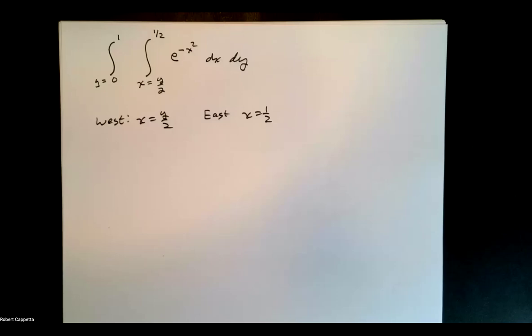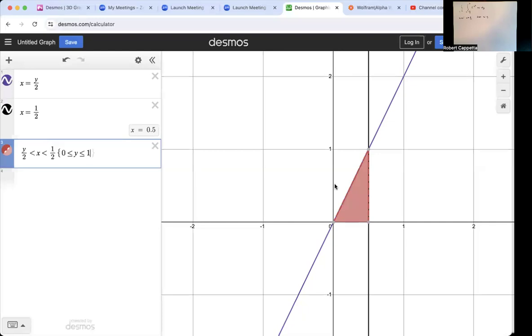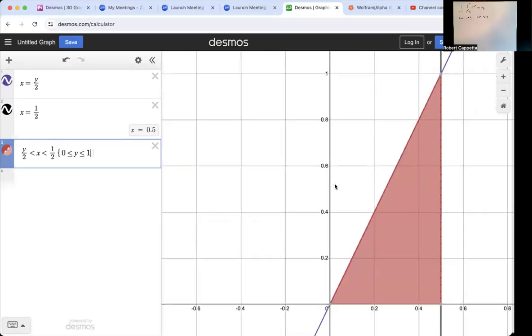Y ranged from 0 to 1. Okay. So what does that give us then? If y ranges from 0 to 1, that focuses us from the west boundary to the east boundary. 0 to 1 puts us right here. And there's our region of interest.